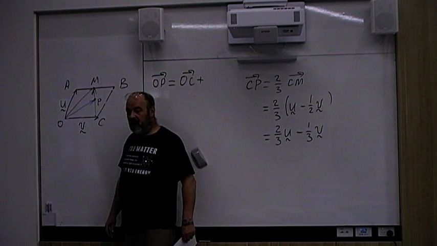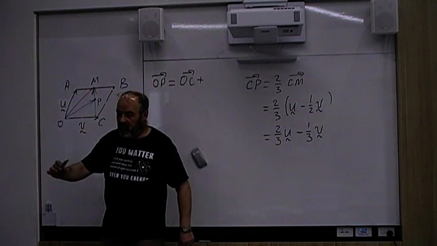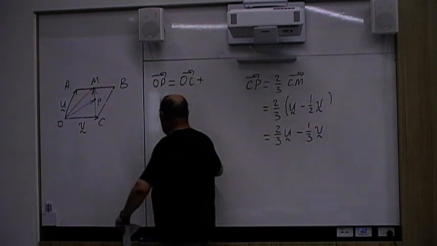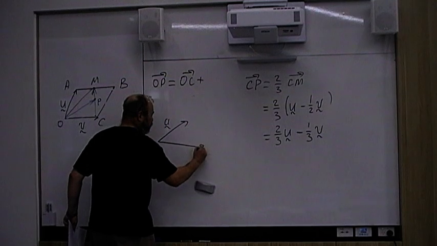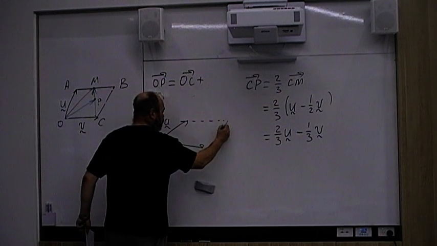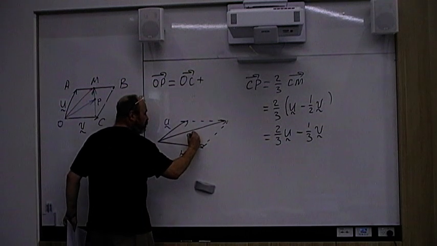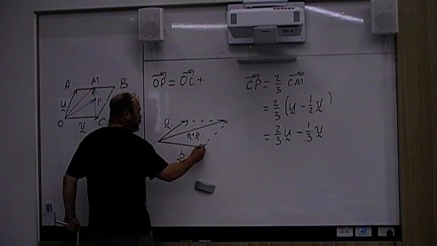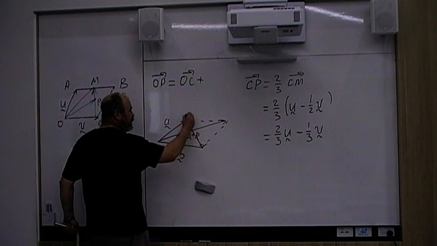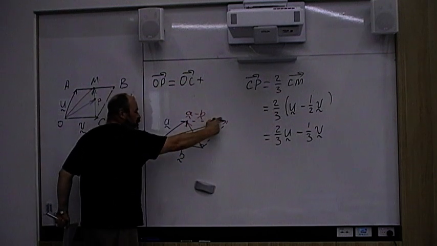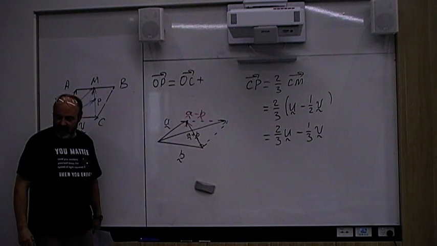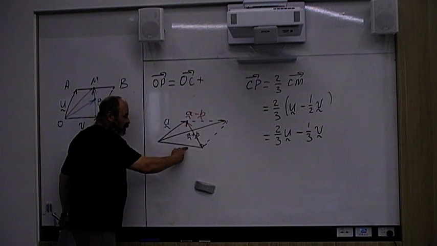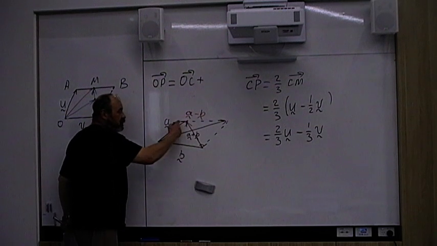If we have this vector A and we have vector B, and we make a parallelogram based on this, this diagonal will be A plus B, and this other one will be A minus B. We flip the direction of B, and we get negative B plus A, which gives us this vector.